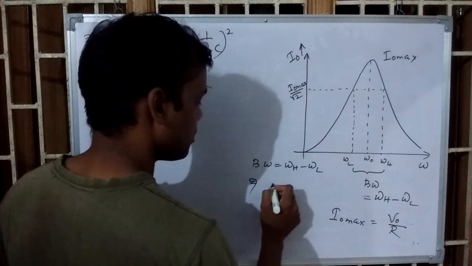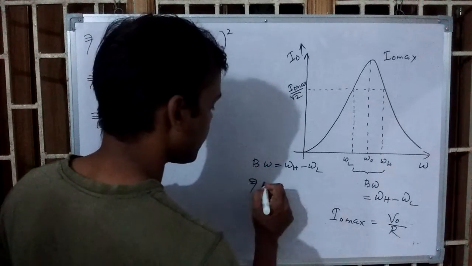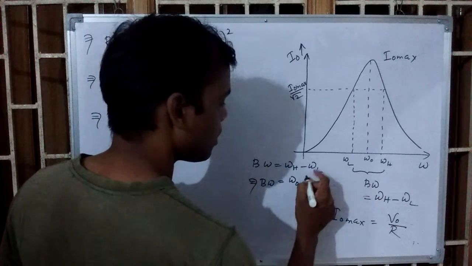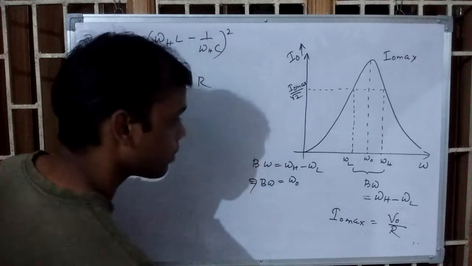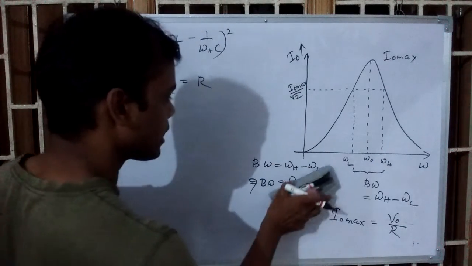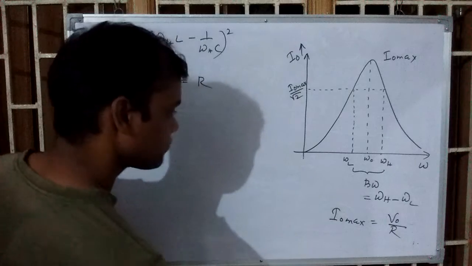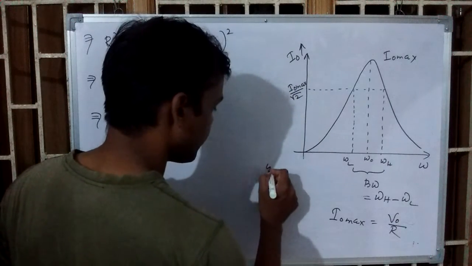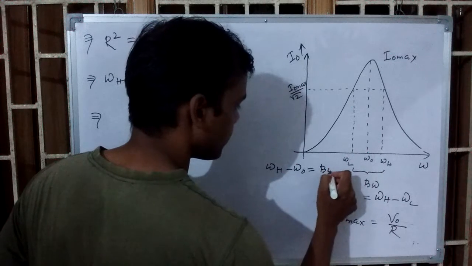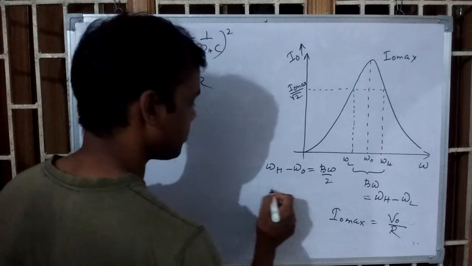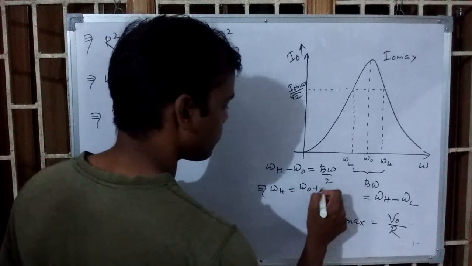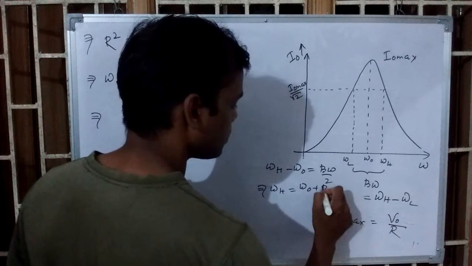I can write it directly also. This range omega h minus omega naught is equal to bandwidth by 2. It will be simpler. This implies omega h is equal to omega naught plus bandwidth by 2.